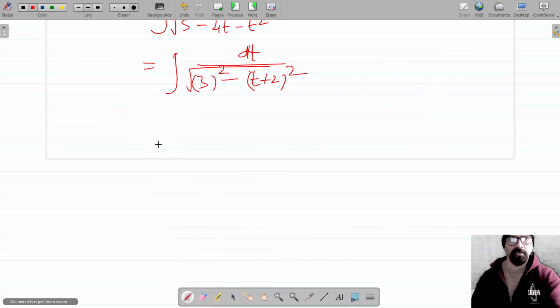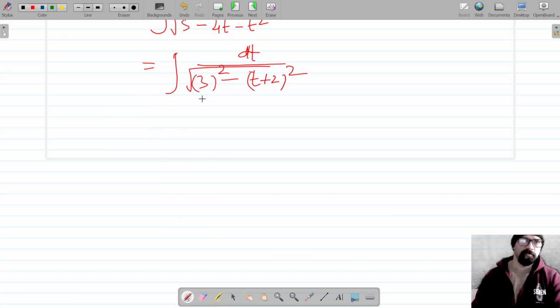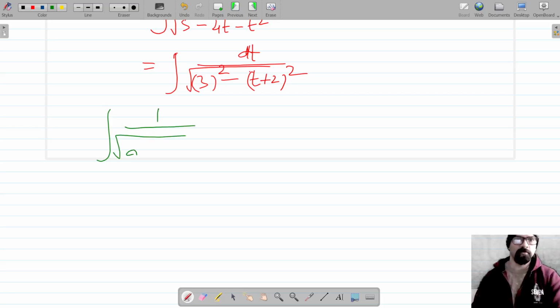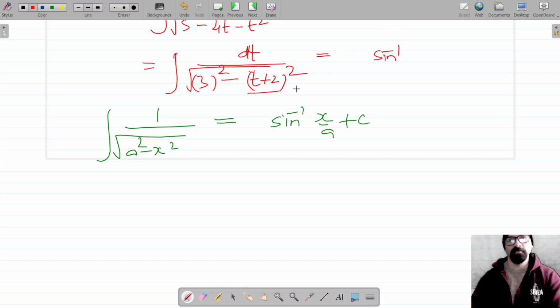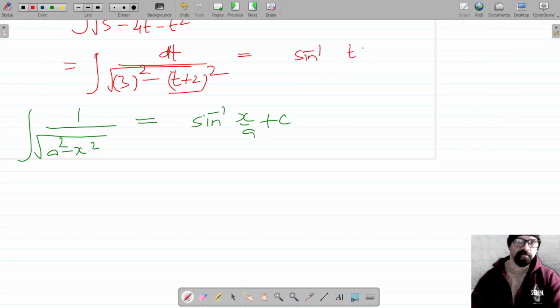This is of the form, we know that the integration of 1 upon under root of a squared minus x squared is equal to sine inverse x by a plus c. Instead of x, we have t plus 2, which is in the linear form, and a is 3. So sine inverse of t plus 2 by 3 plus c.